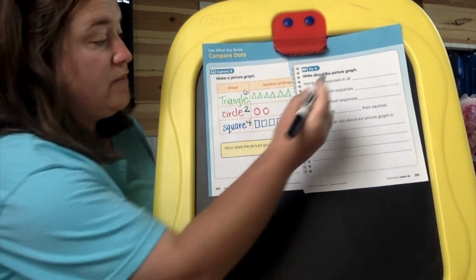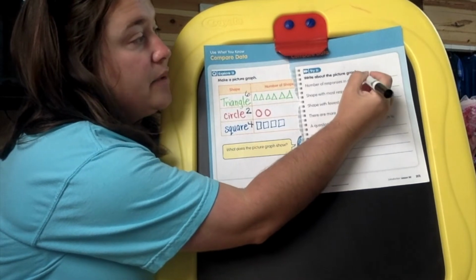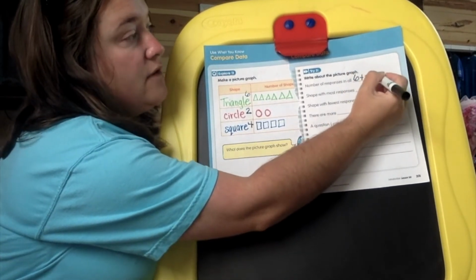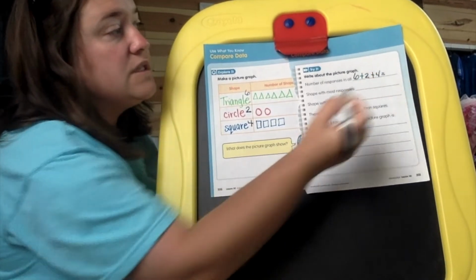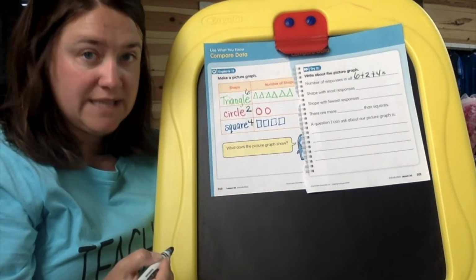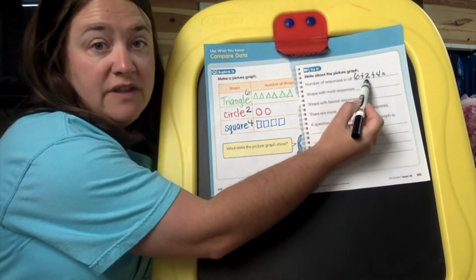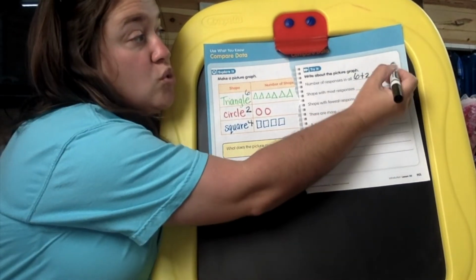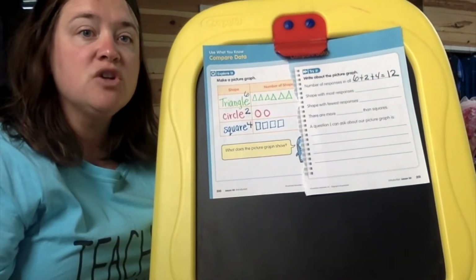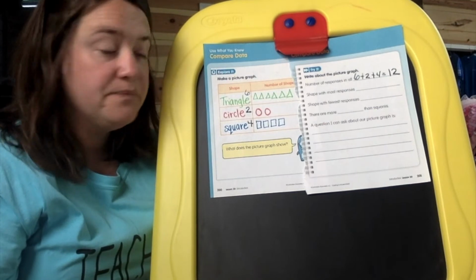So over here I could write 6 plus 2 plus 4 equals, and that will give me my total. We know that 6 plus 4 would be 10, and then we just add the 2, so that would give us 12 responses in all. So you should have 12 for the first answer.